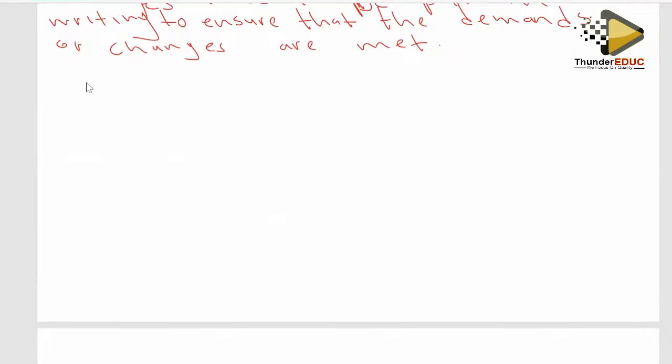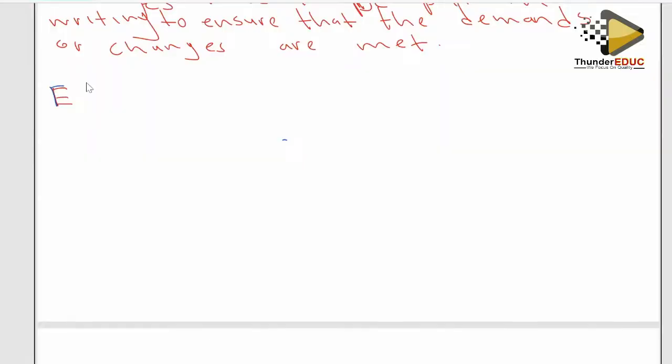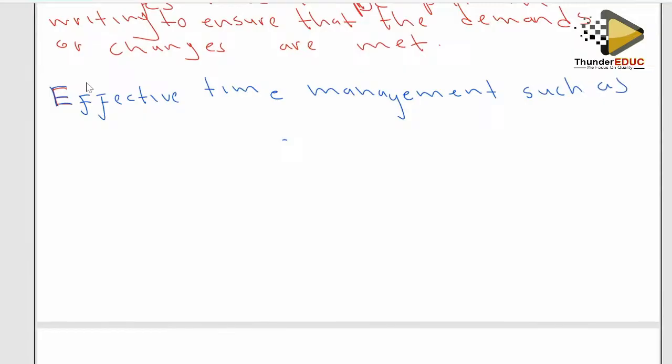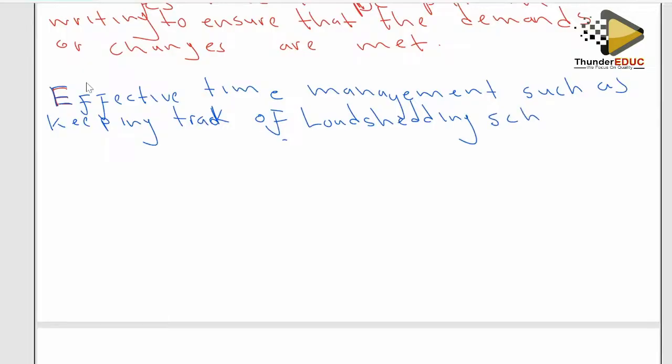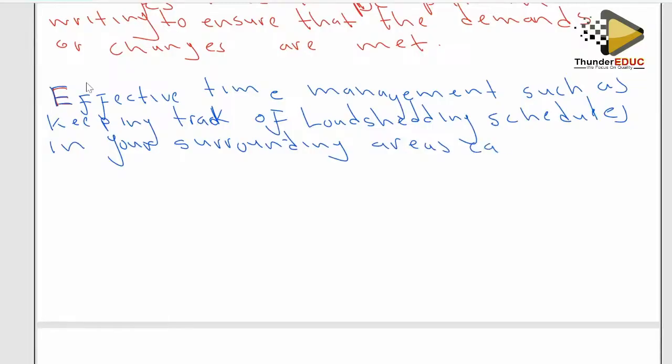The first thing we need to say is that effective time management strategies such as keeping track of load shedding schedules in your area, in your surrounding areas, can be used.